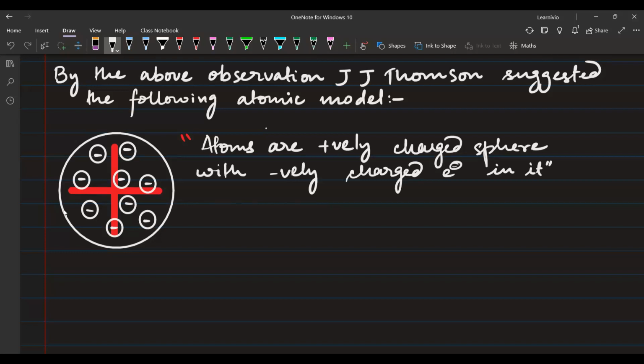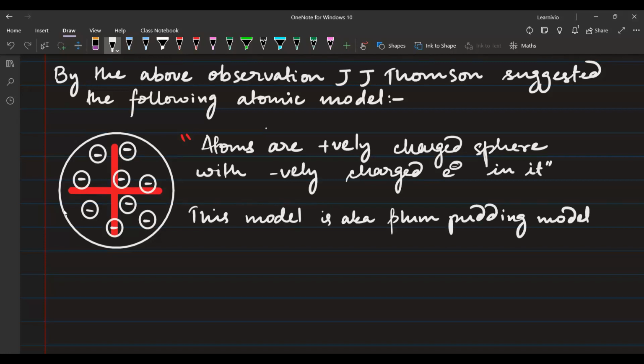With negatively charged electrons in it. This model of the atom is also known as the plum pudding model, or in India it is known as the watermelon model also. Watermelon model.